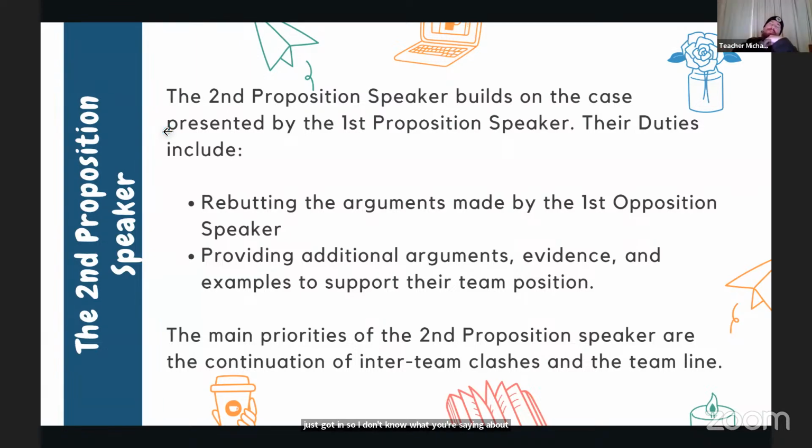Okay, so today we're talking about the responsibilities of each of the 6 speakers in a debate. Just follow along from where we're up to now, and your student helper will fill you in on what you missed when you go to the breakout rooms.